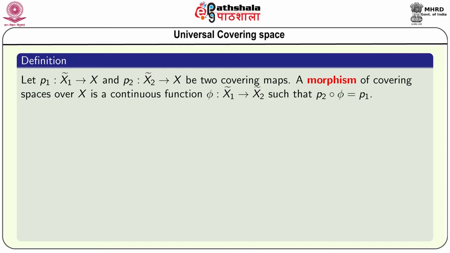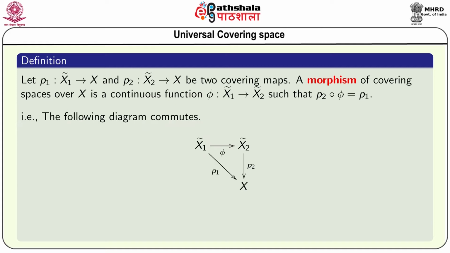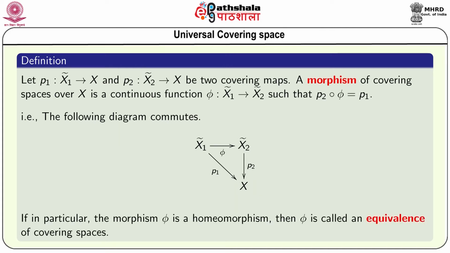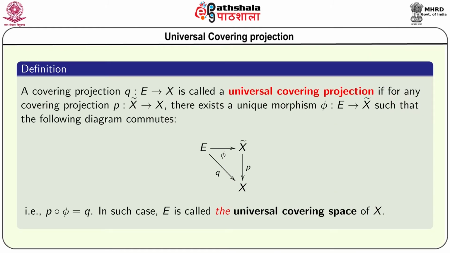Now, a morphism of covering spaces over the base space x is a continuous function phi from x1 tilde to x2 tilde such that P2 composed phi is P1, that is, the following diagram commutes.